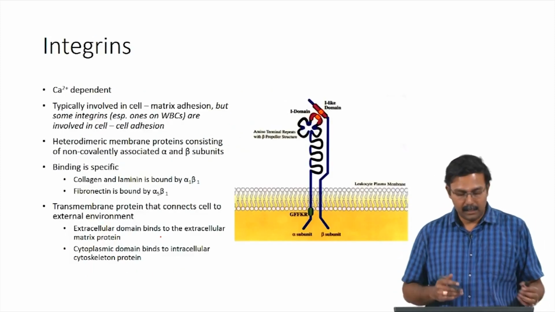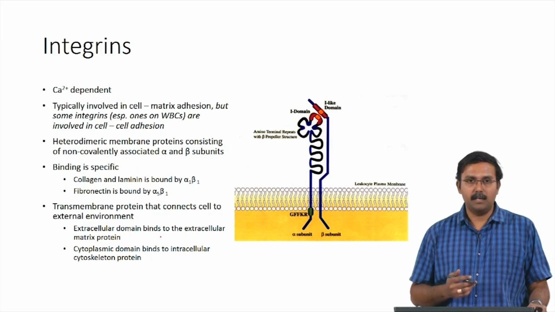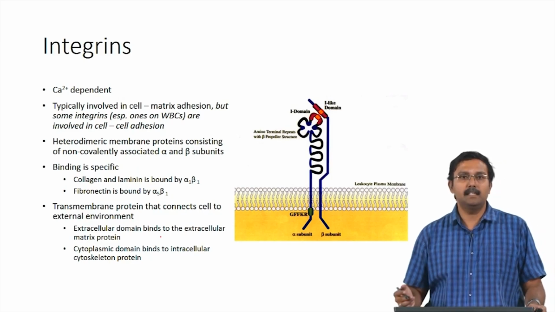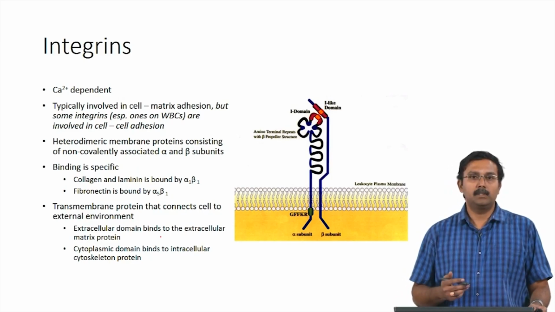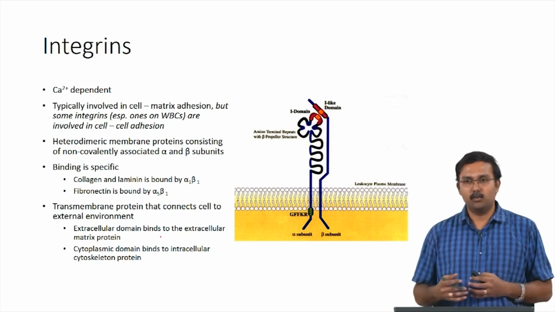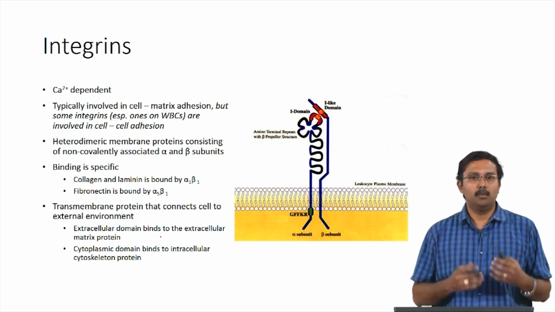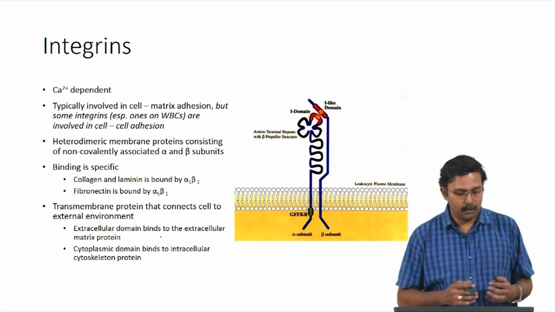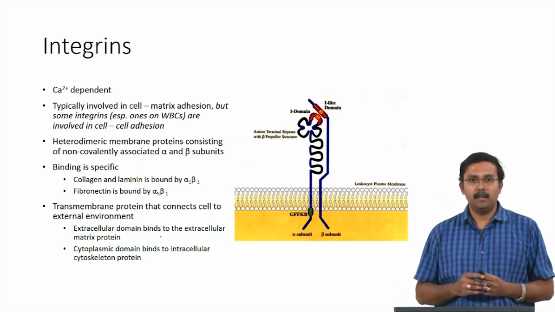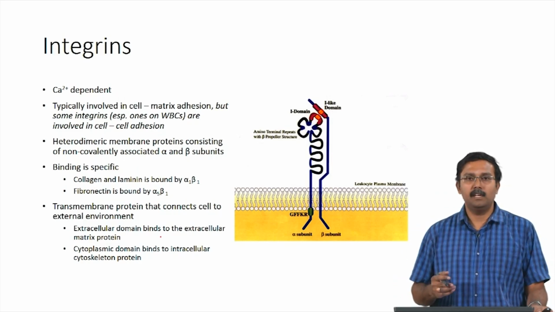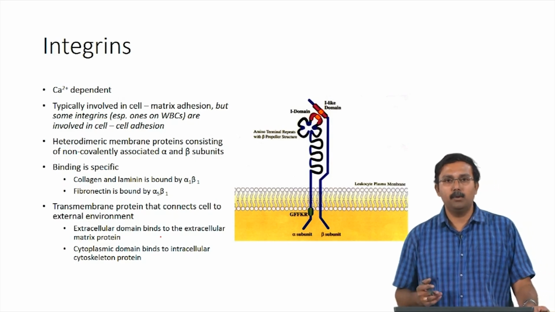So, integrins are calcium dependent proteins which are involved in cell matrix adhesion, but some can actually be involved in cell adhesion as well. What happens here is there is a heterodimeric membrane protein which consists of non-covalently associated alpha and beta subunits.